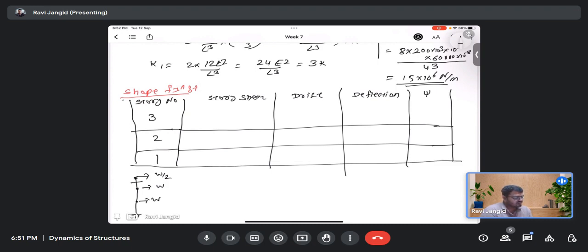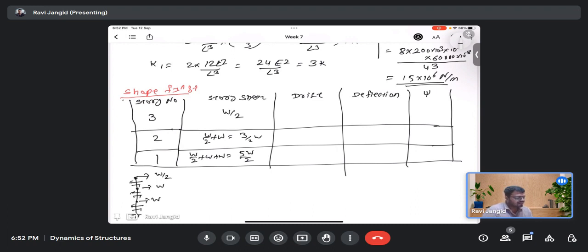The shear force in the first story would be W by 2. The shear force in the second story would be W by 2 plus W, so that becomes 3 by 2 W. And the third story becomes W by 2 plus W plus W, which is 5 by 2 W. It is a shear force.